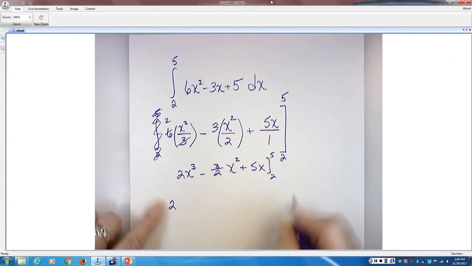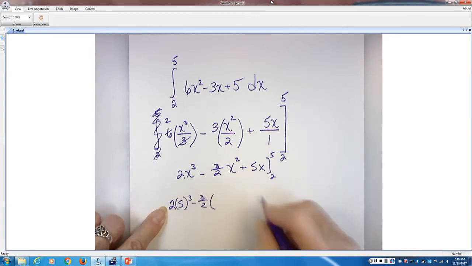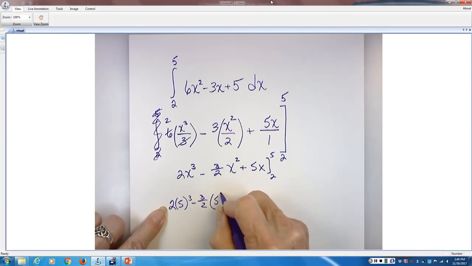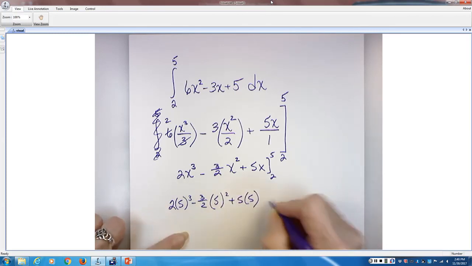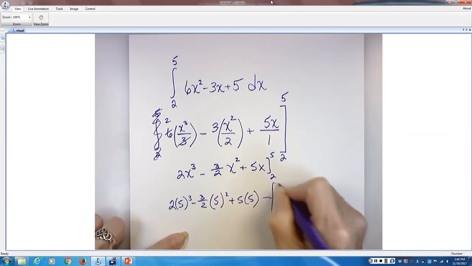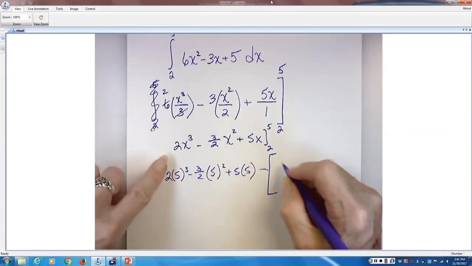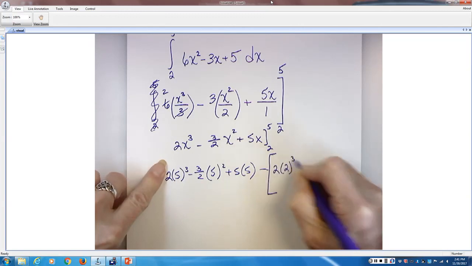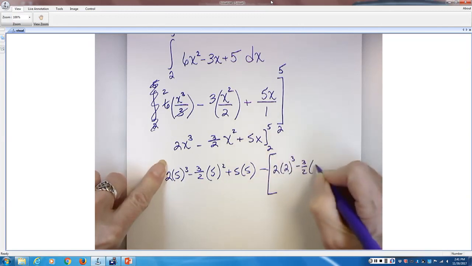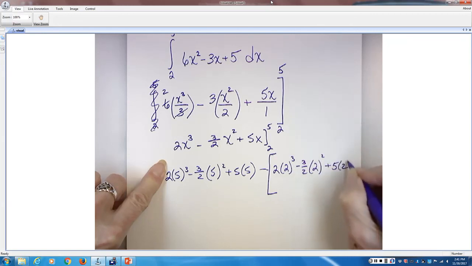So 2 times 5 to the third minus 3 halves times 5 squared plus 5 times 5, minus 2 times 2 to the third minus 3 halves times 2 squared plus 5 times 2.